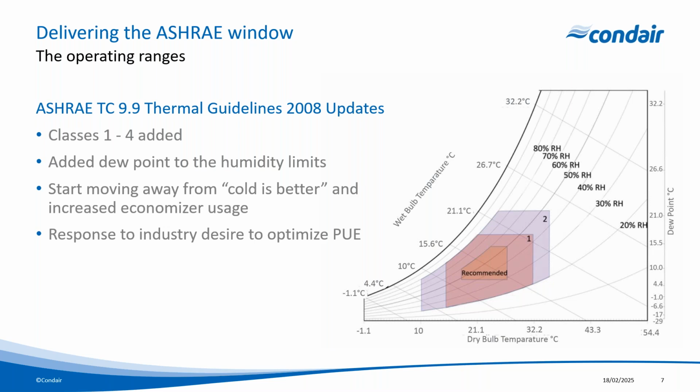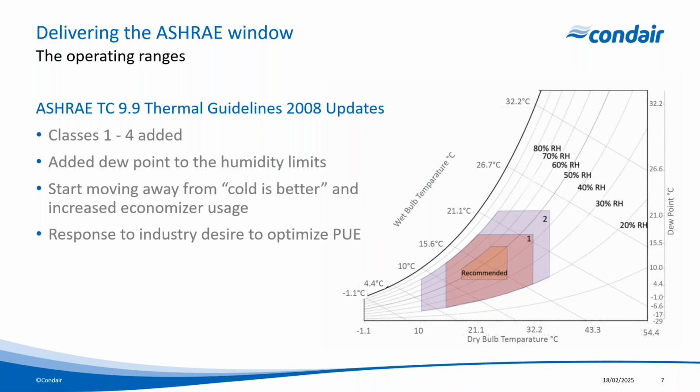So the next update to the guideline was in 2008, and one of the biggest changes in the second edition was the expansion of the recommended range in a desire to achieve higher data center efficiency at a lower total cost of ownership. So here we see a change in the recommended temperature range to 18 to 27 degrees C, as well as the addition of dew point to the humidity limits.